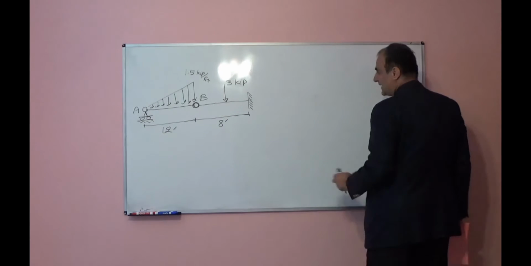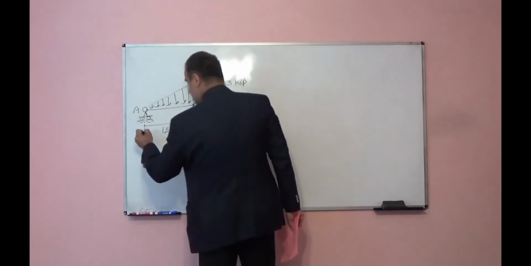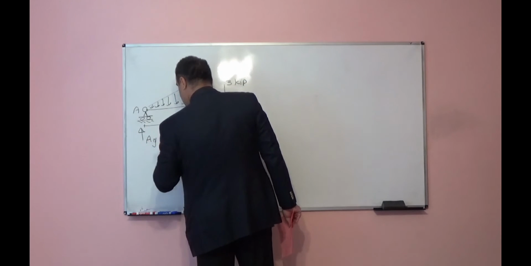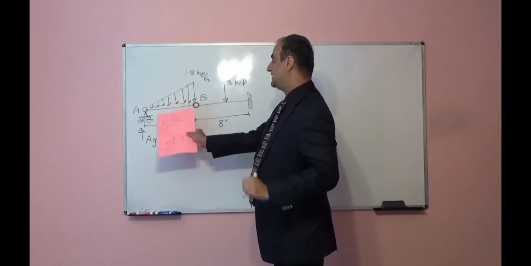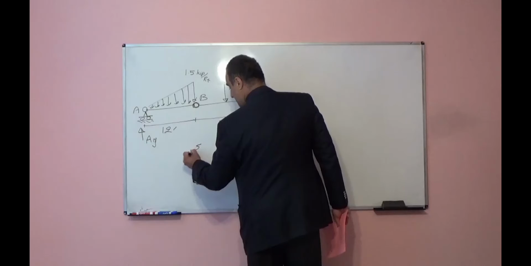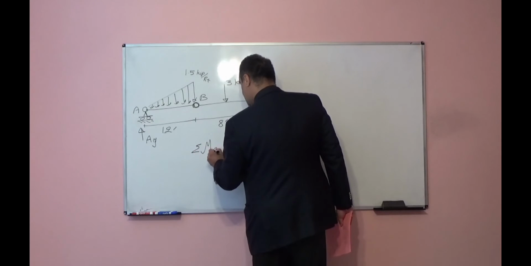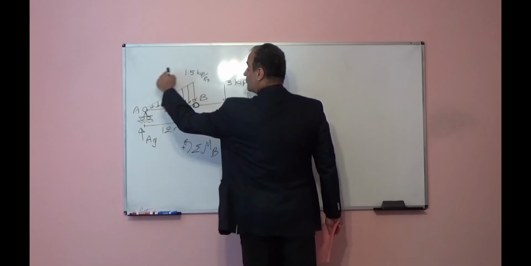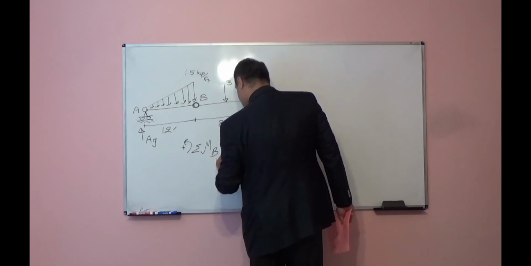Now, if I want to find reactions, for example this reaction, AY, the reaction at point A in the Y direction, I can write summation of moment with respect to point B equal to 0 for only the left side of the structure.